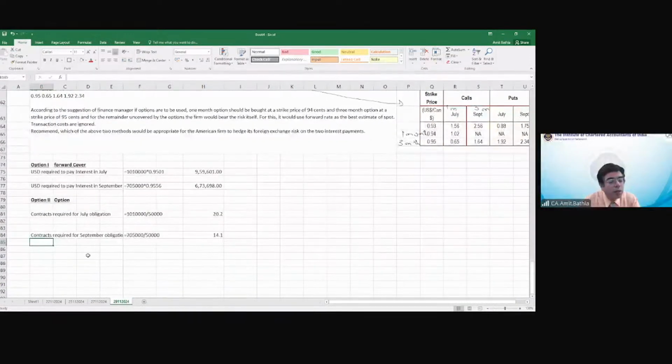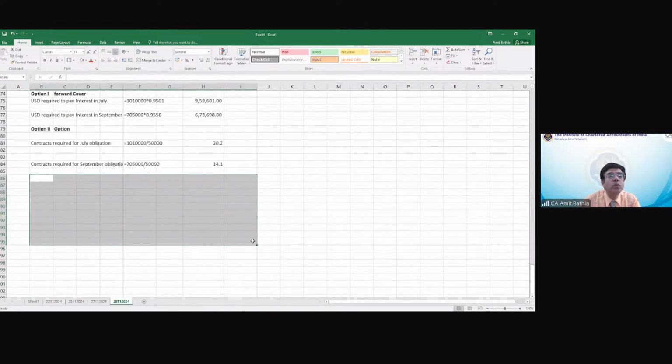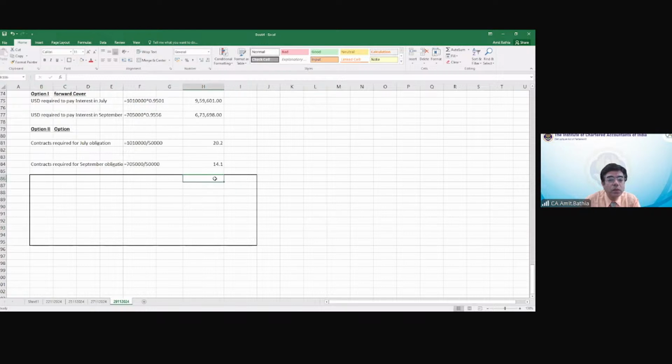Now that is being established, I need to do a calculation. Let me do it first for July, and then we will do it for September.